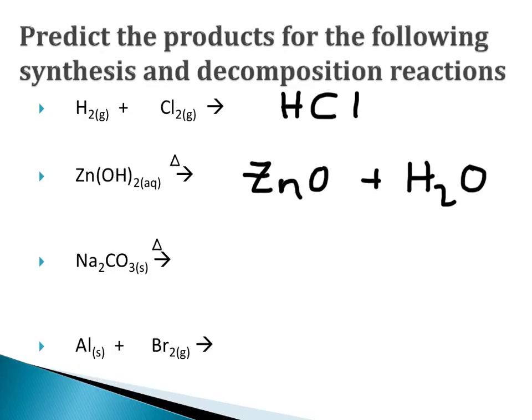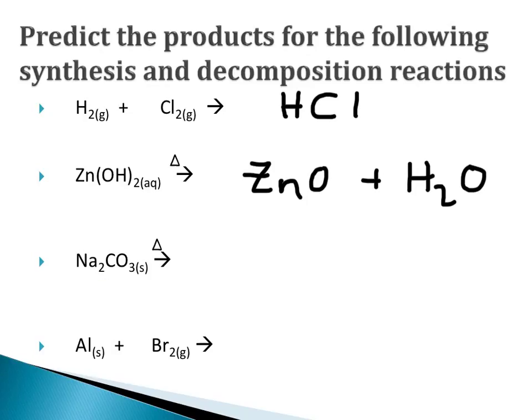Remember, anytime that hydroxides break down or decompose, one of the products that will be produced is water, and the other is the metal oxide. Note that I wrote ZnO because the charge on the zinc is 2+, and on oxygen is 2-. Those charges cancel out and they occur in that 1-to-1 ratio that we see.